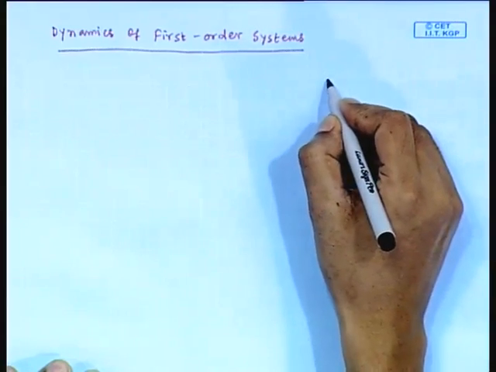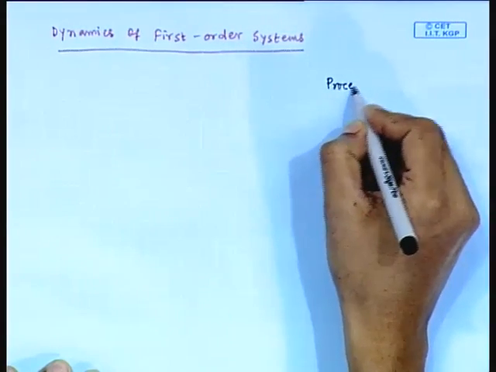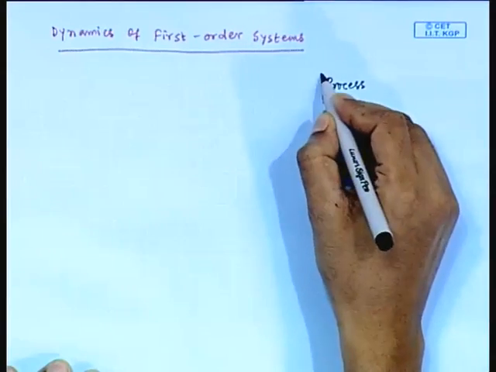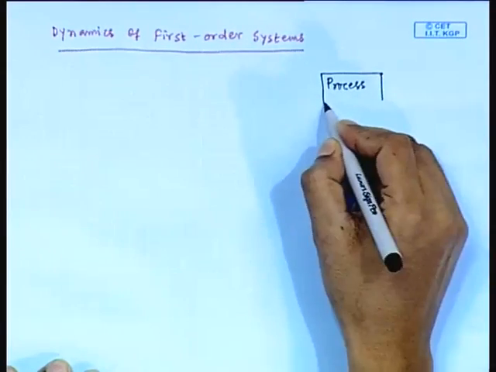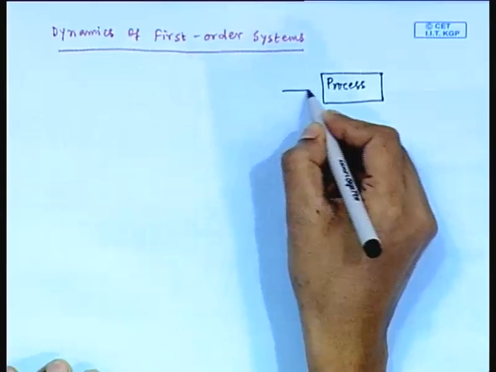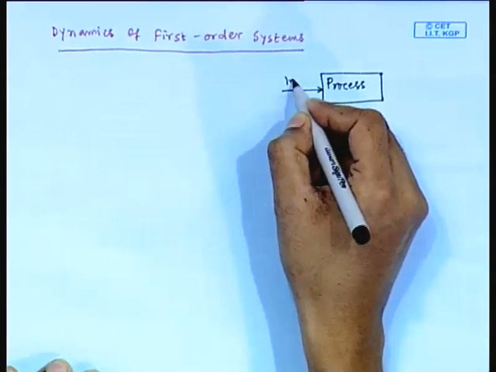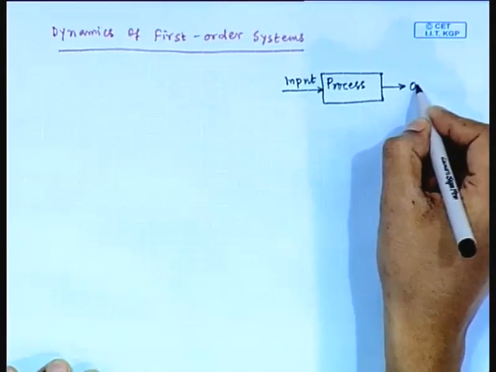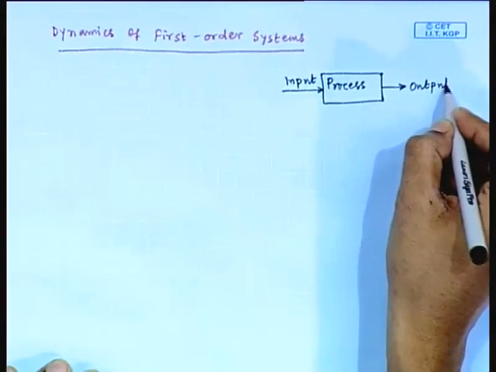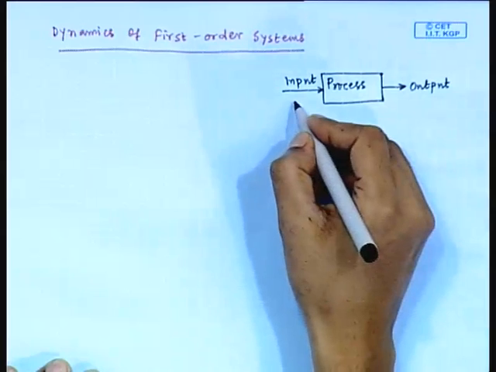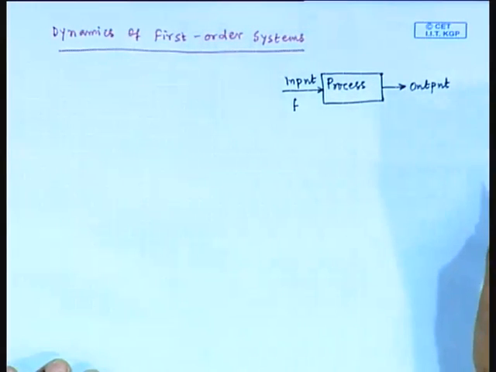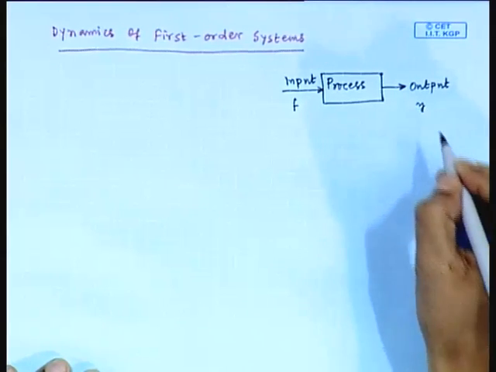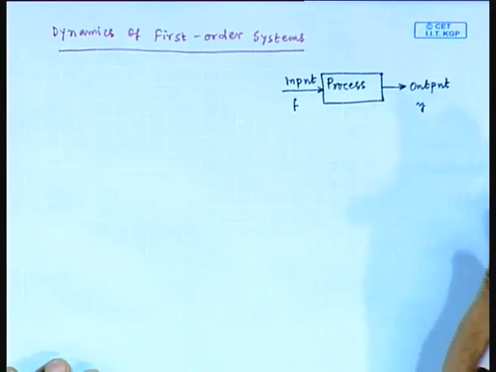Fine. Suppose we have a process. This is the input to the process and this is the output of the process. Input is represented by f and output is say by y.